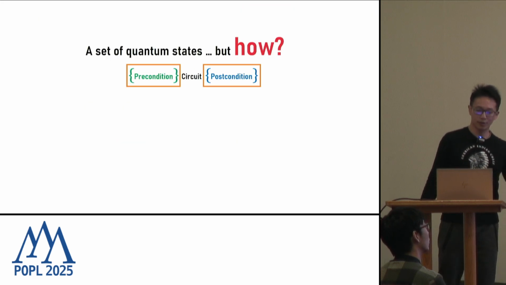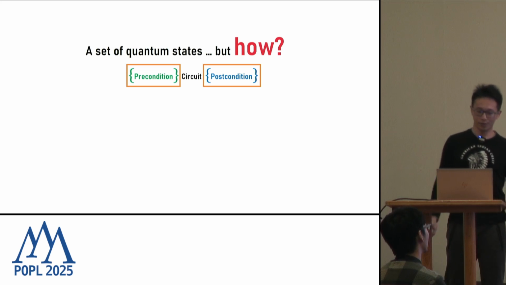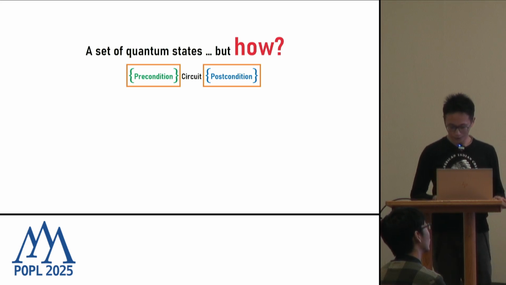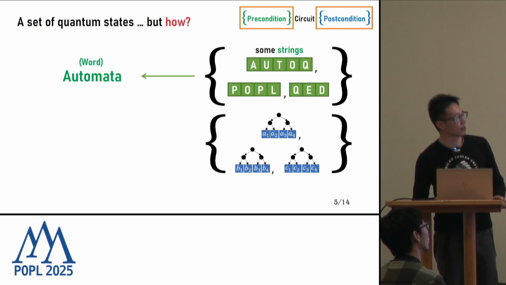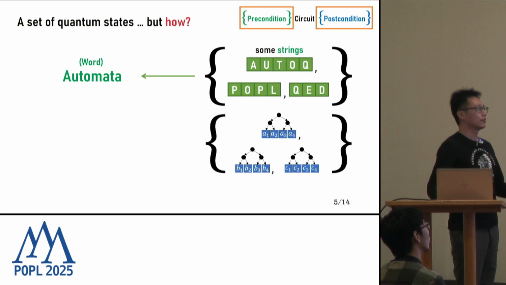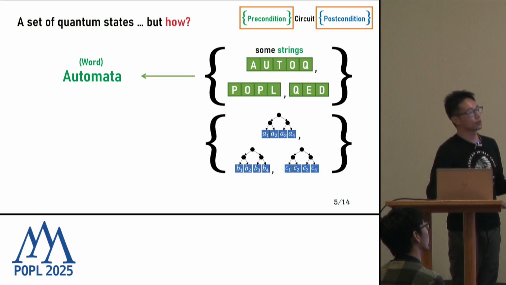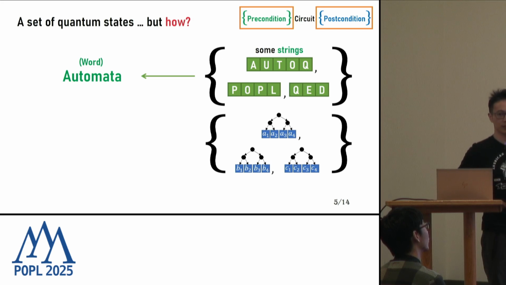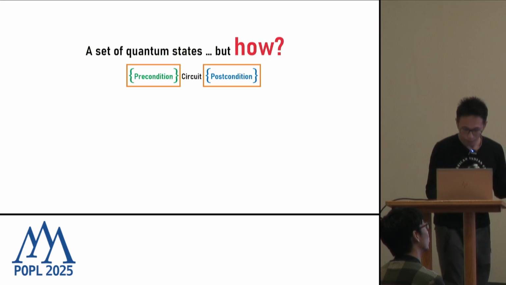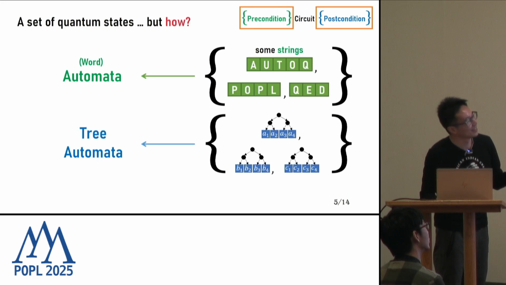The next question is, how do we encode a set of quantum states? Recall that in automata theory, an automaton recognizes a set of strings. Here our goal is to encode a set of quantum states in tree representation, that is, a set of trees.